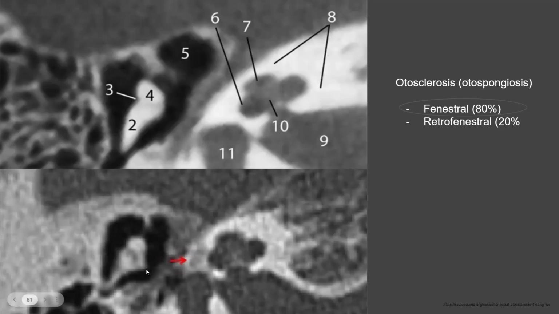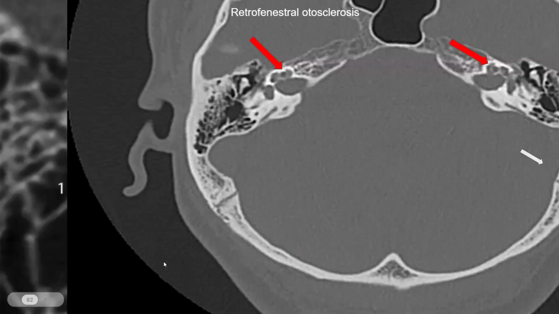What they will see, if they're looking into the ear, is that they would technically encounter spongy bone here before they would encounter it here. So when the spongy bone is on this side of the cochlea, which is deeper, that's retrofenestral, versus fenestral, which is when it's a little bit closer to the external ear.